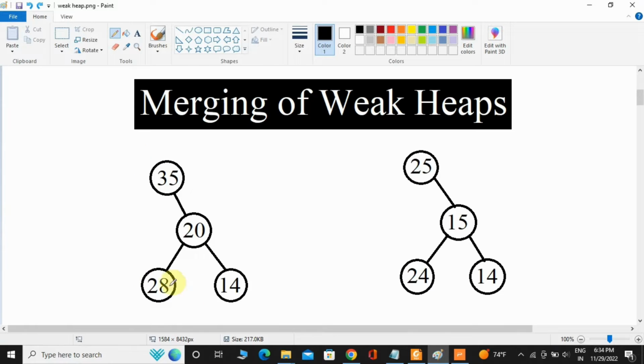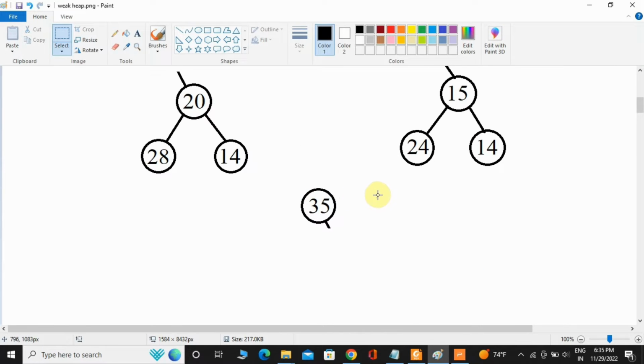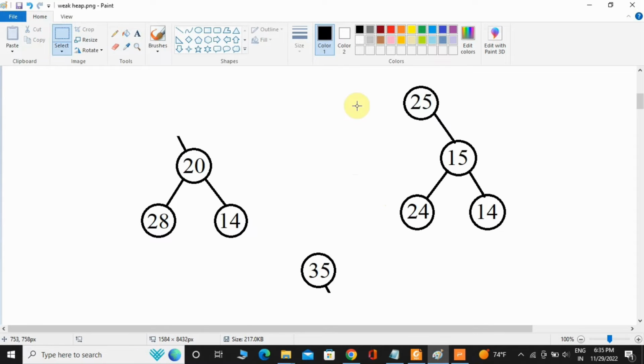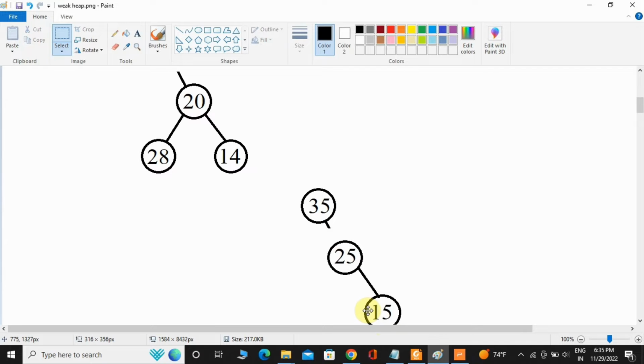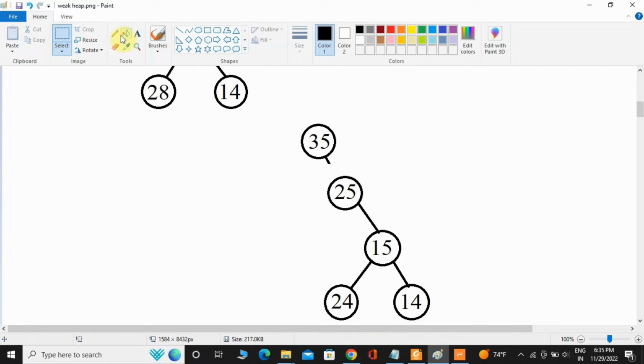So here we can see there are two weak heaps. Now the first step is to compare the root nodes of these two weak heaps, which is greater. So here we can see 35 is greater than 25. So what we do is we take this root node and we place it here, because this is going to be the root node of the final weak heap. And the next step is to take this weak heap and place it here, and this is going to be the right subtree of the final weak heap.